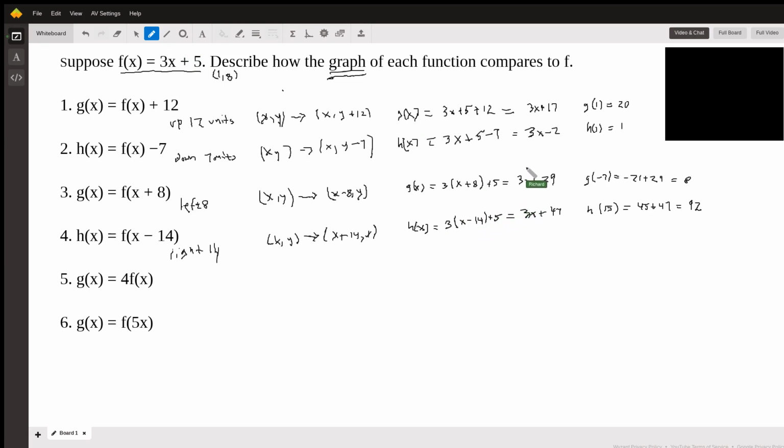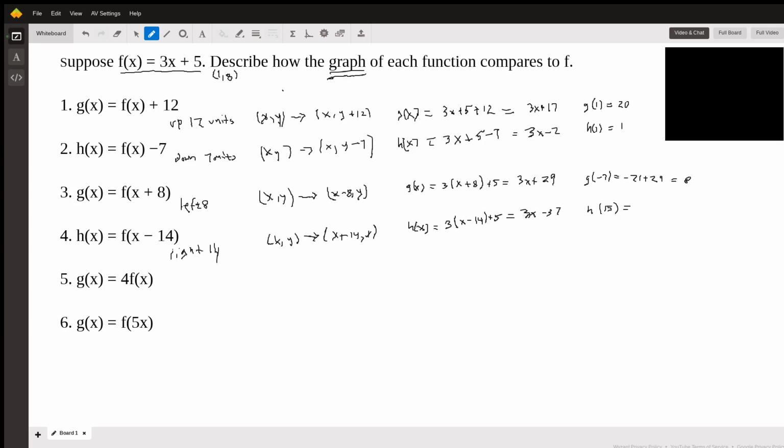X minus 14. So that's negative 42 plus 5 gives me negative 37. So h of 15, 45.